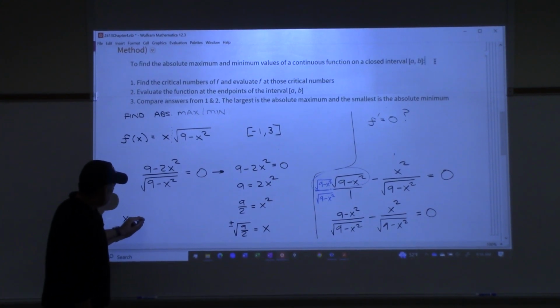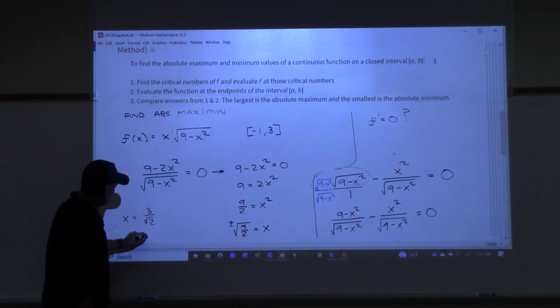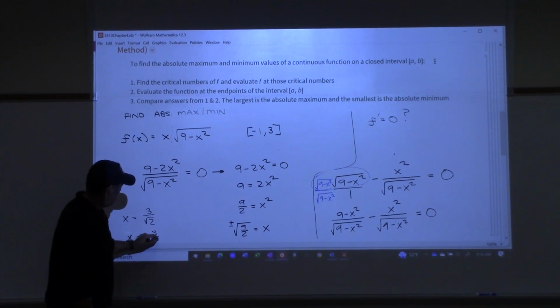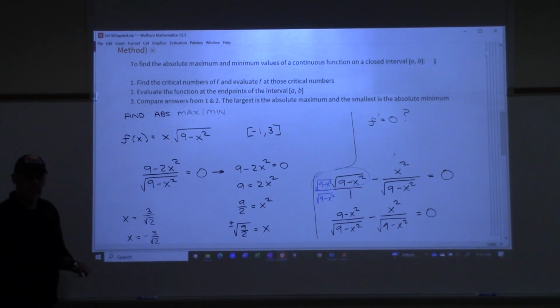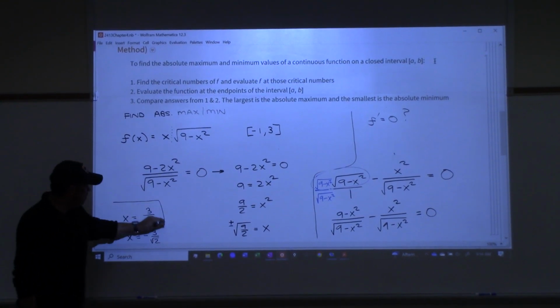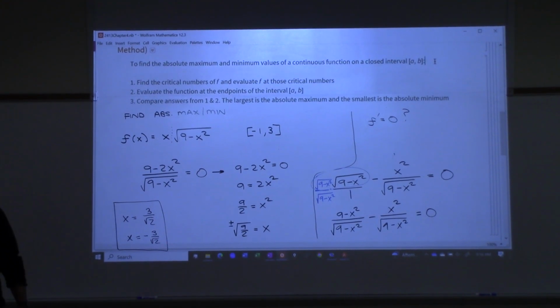Can I make this 3 over the square root of 2 and then negative 3 over the square root of 2? Y'all know what I'm doing there? Taking the root of a fraction, take the root of the top and bottom separately. That's okay. Are both of these critical numbers, yes or no? What do I need to check? Are they in the domain of the original function?